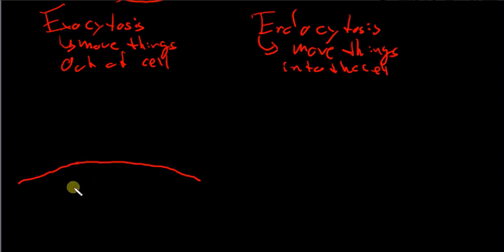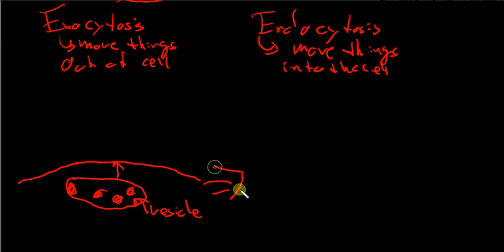How they secrete those substances, say this is a substance, is that those substances are traveling about in vesicles. And the vesicle is going to come up right against the plasma membrane and sort of fuse with the plasma membrane, form a little pocket like this.